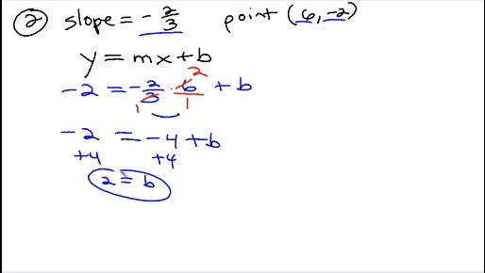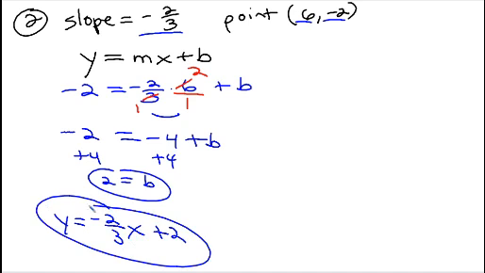All right. Now let's write our equation. Y equals, the slope is negative 2/3 x. If the y-intercept is a positive number, you put plus 2. So remember, the equation is my answer.